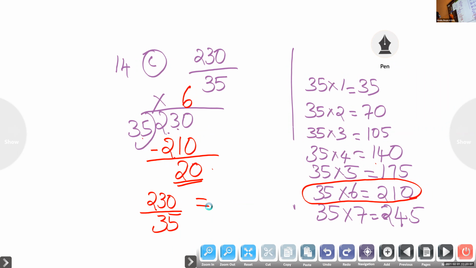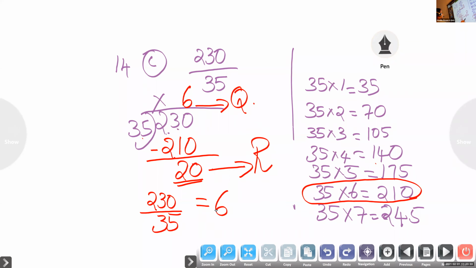Can you say the answer? Here 6 is the quotient and 20 is the remainder. 35. Yes. Ma'am, can I say? Now, 6 is quotient and 20 divided by 35. Yes, children, you can say the answer. Yes. 6 and 20.